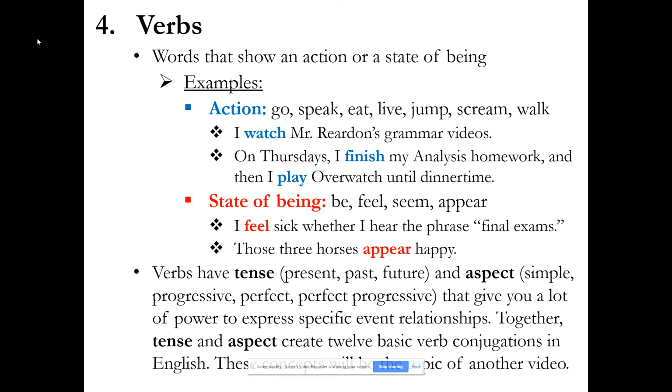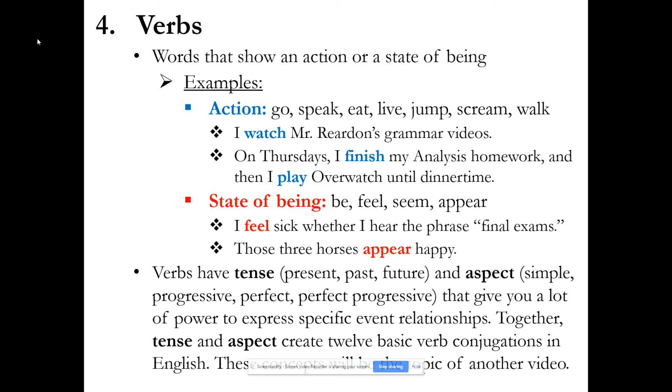Verbs have some properties you should know about. They have tense, so present, past, future, and they have aspect: simple, progressive, perfect, and perfect progressive, four aspects. If you put these together, you have a lot of power to express really specific relationships between events in time, and also relationships between events and now, to this particular moment.